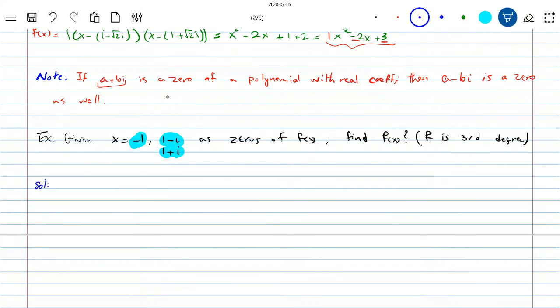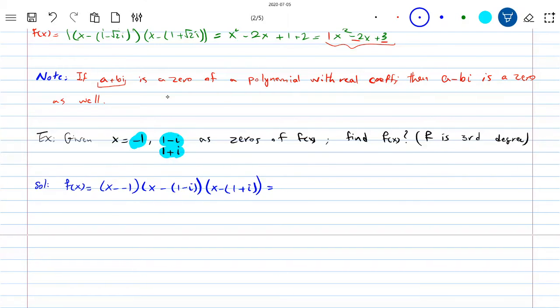And how do you find the function? You say f of x, again we assume the leading coefficient is 1, is x minus -1 times x minus 1 minus i and x minus 1 plus i. What do you get as the product?